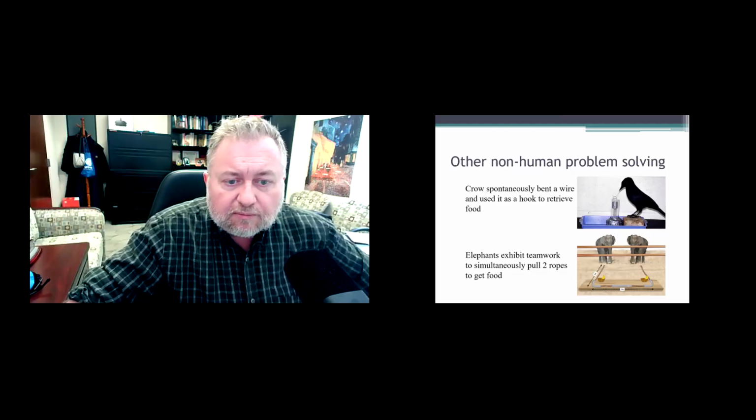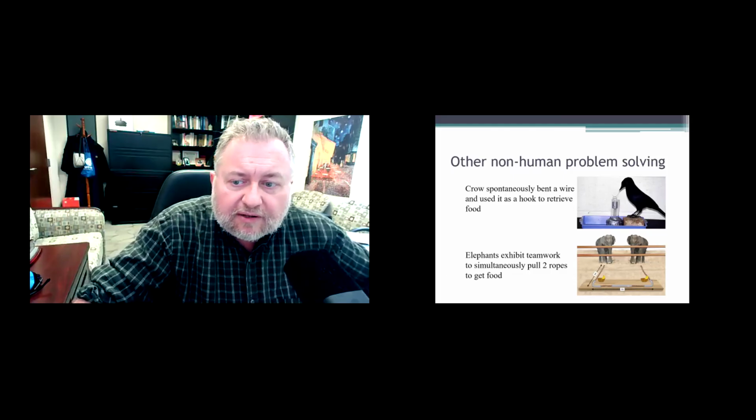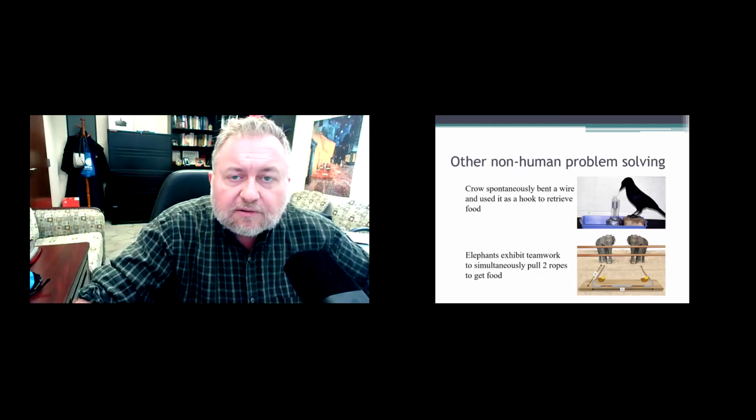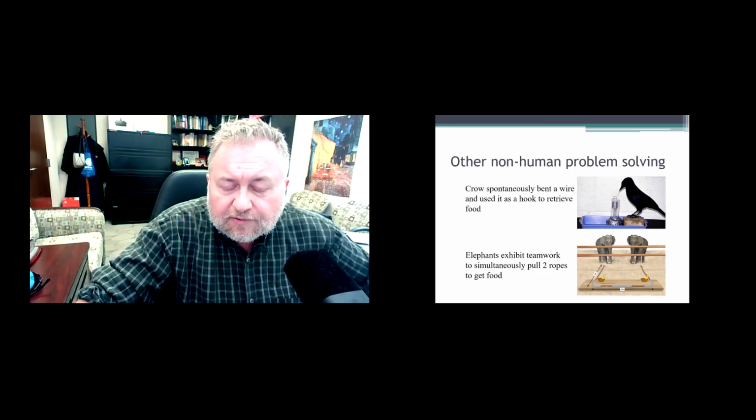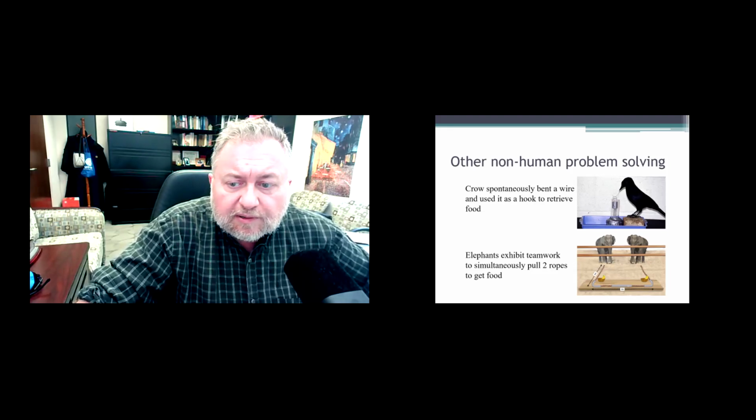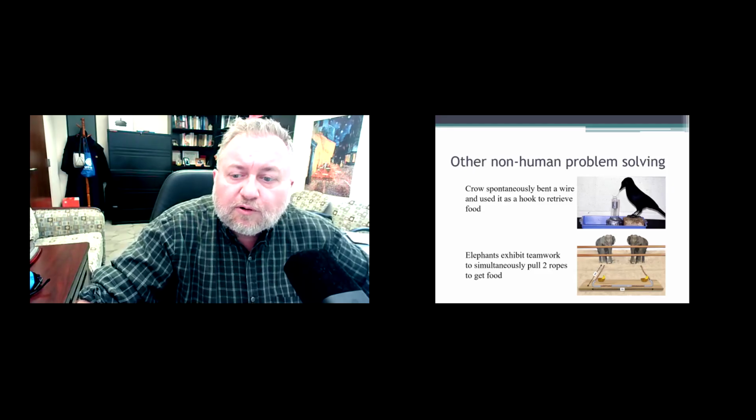We have many more modern examples of animal problem solving where we see similar examples of productive thinking. In this research, some food is hidden at the bottom of a small plastic tube, and we have a crow whose beak is not long enough to probe down the length of that tube to recover the food.